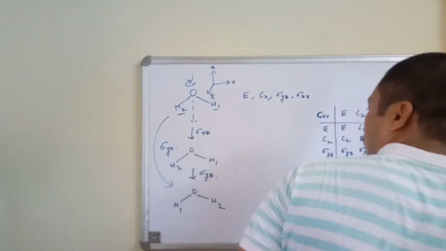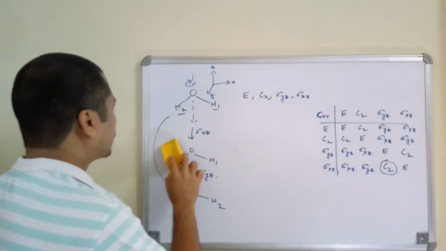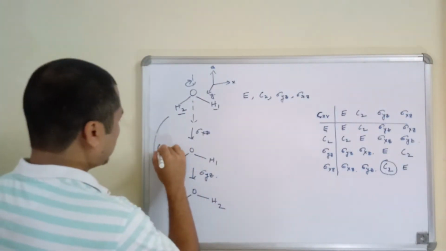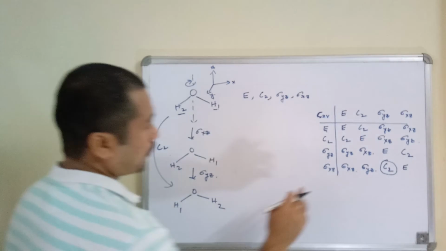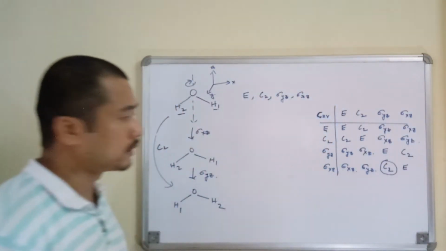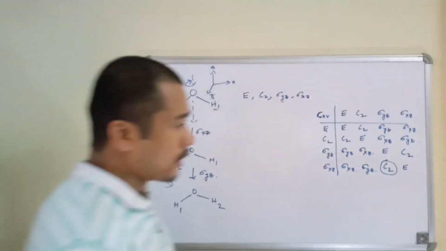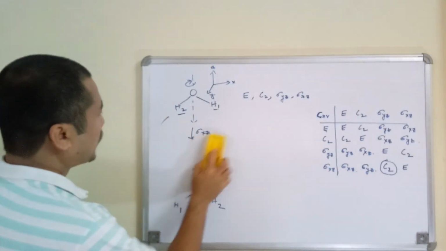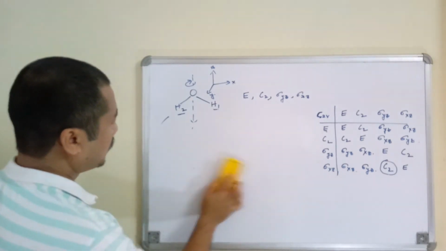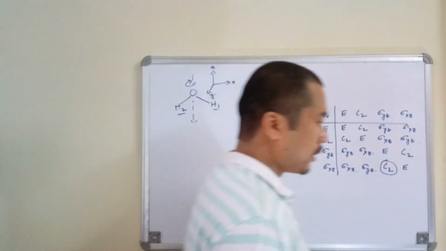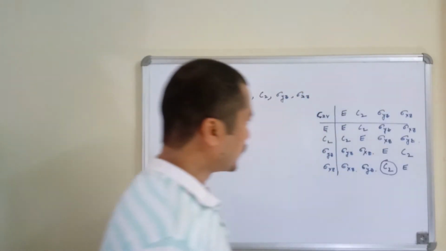We see from here to here, you can get straight away by doing C2 operation. So the product of sigma xz with sigma yz is equal to C2 in fact. So this completes the group multiplication table for the C2v point group constituted by the symmetry operations of water molecule.